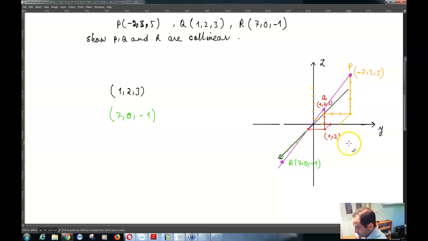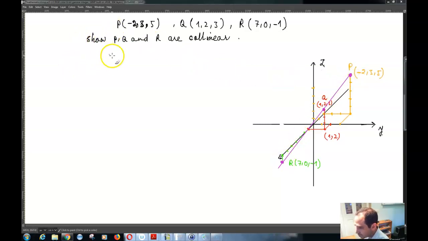Now, why I did this whole thing was that, first of all, I wanted to plot these 3 points in a 3-dimensional system so that we can learn how to plot basically points in 3-dimensional systems. That was one part. And the second part was that now, using this diagram, you know where point P is, you know where point Q is, and you know where point R is.